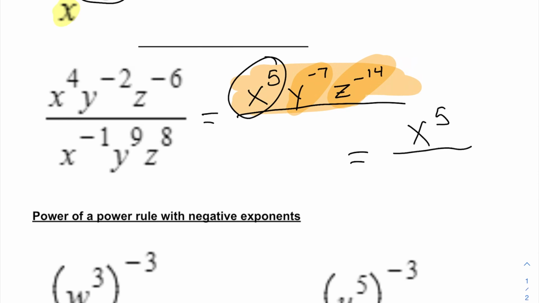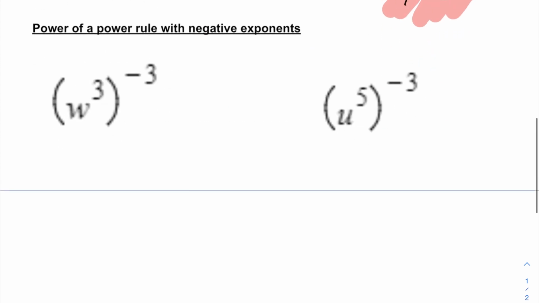So x to the 5th will stay on top. Y to the 7th will come down here. Z to the 14th comes down. I accidentally wrote the negative though. Those become positive. And we are done with that problem. This was our final answer.